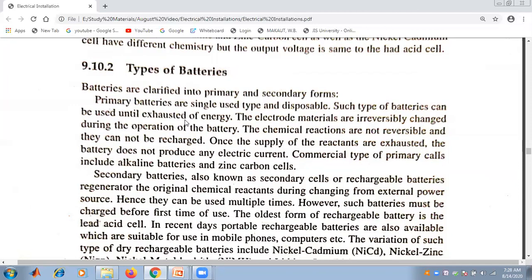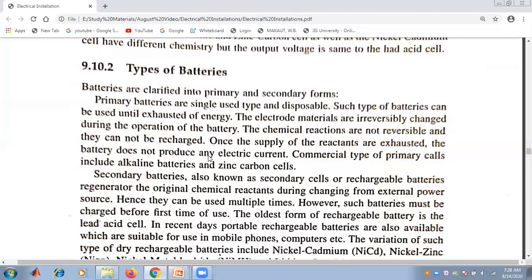The electrode materials are irreversibly changed during the operation of the battery. The chemical reactions are not reversible and they cannot be recharged.